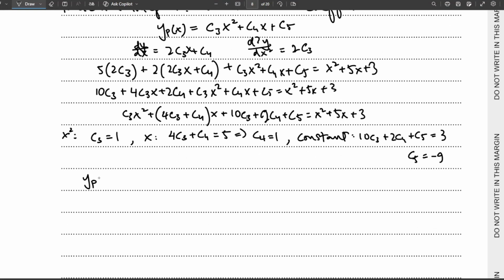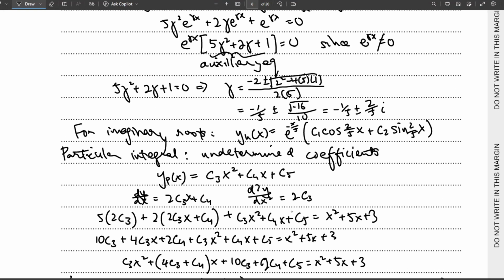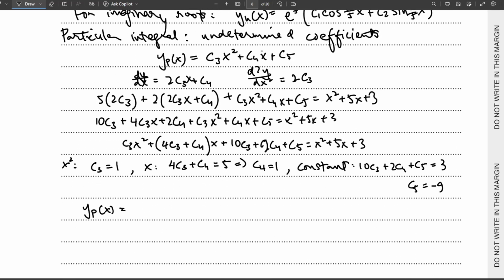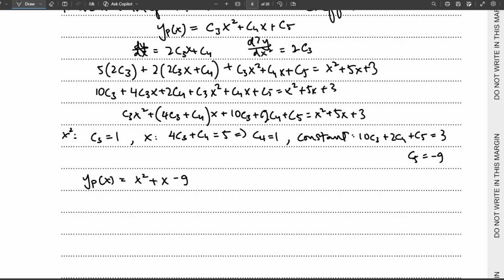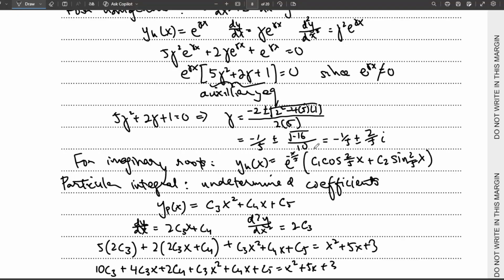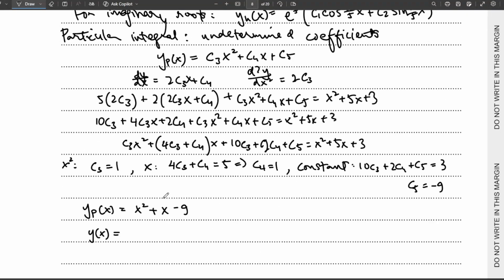Okay, so for your particular integral yp of x, we will just rewrite this thing, but with the coefficients that are already there. So c3 is 1, so it's x squared. c4 is also 1, so it's x, and c5 is -9. So your whole solution, y of x, it'll be based on the superposition principle, the YH, the homogeneous part, and the YP, the particular integral.